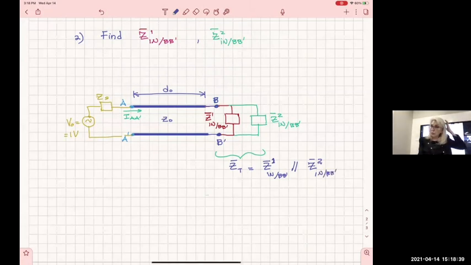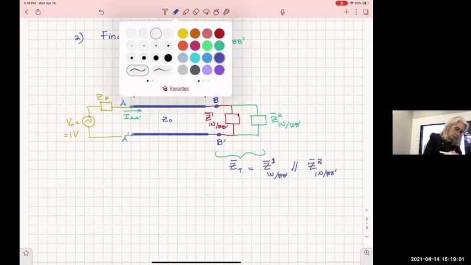I can do that, in fact, I will show you how to avoid doing any equations. But at this point, we will only do this parallel combination, and then replace these two parallel impedances with Z sub T.